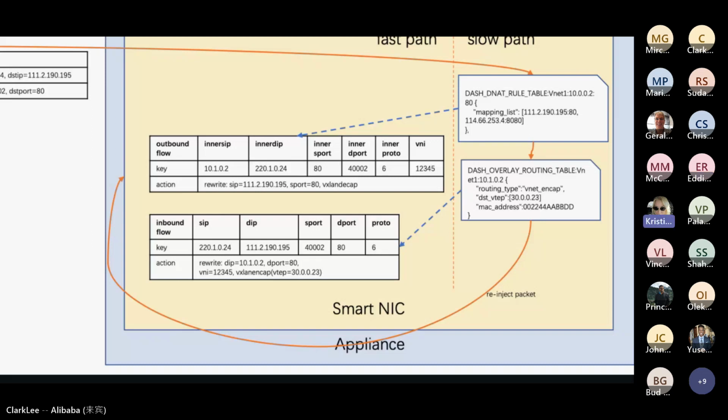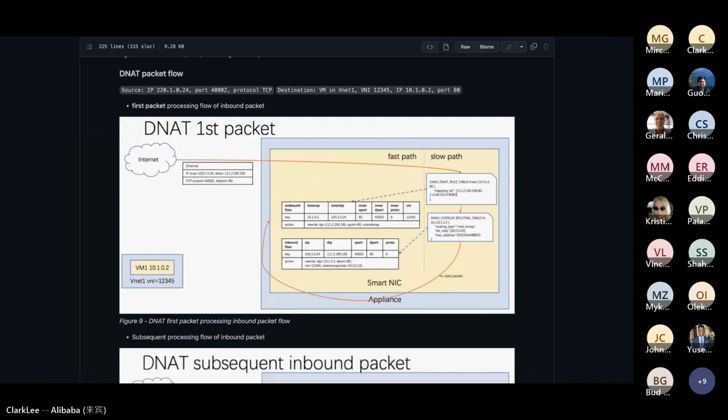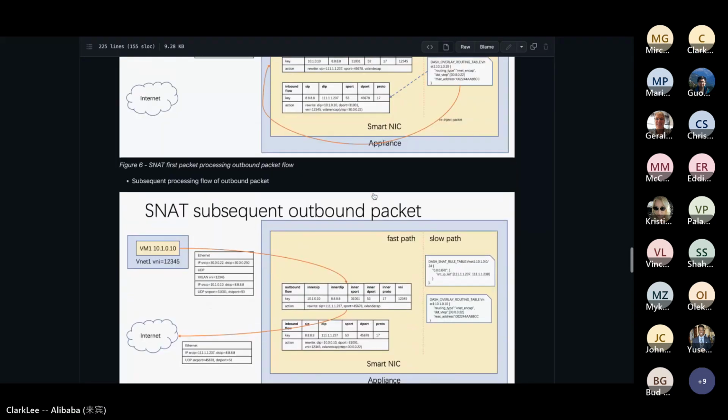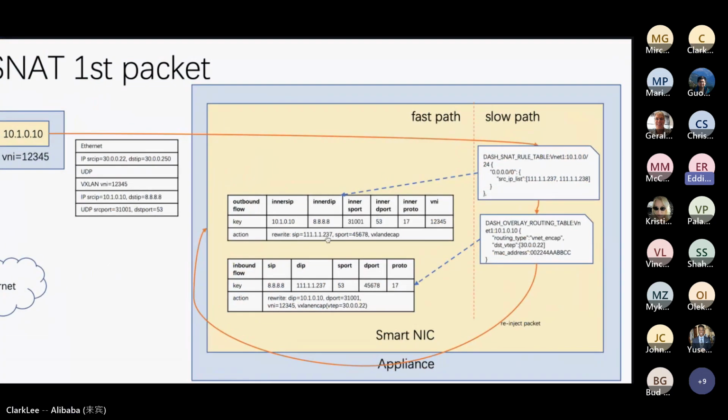Because it's a NAT gateway. Let's say for example, for your SNAT use case, if you first have a connection going out, once you see the connection, do you also create the inbound flow table entry for the returning traffic, right? Yes. The inbound flow table is all global, right?